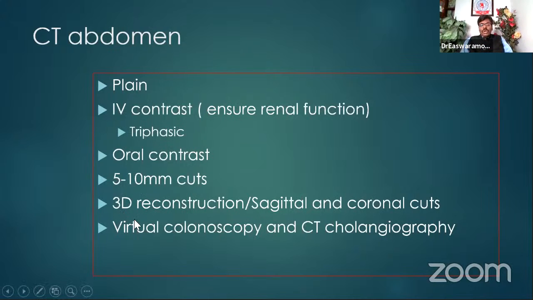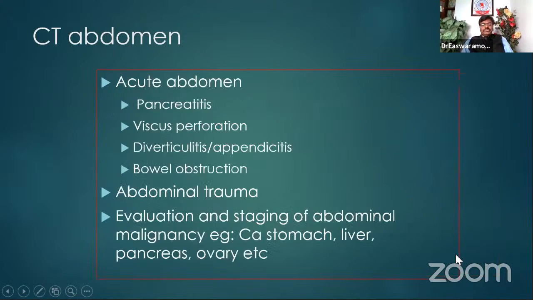And I told you already, you do a 3D reconstruction in the cross-sectional, sagittal and coronal cuts. And we even have virtual colonography, I told you already, and also CT cholangiography. The indications I already told you when we discussed it.